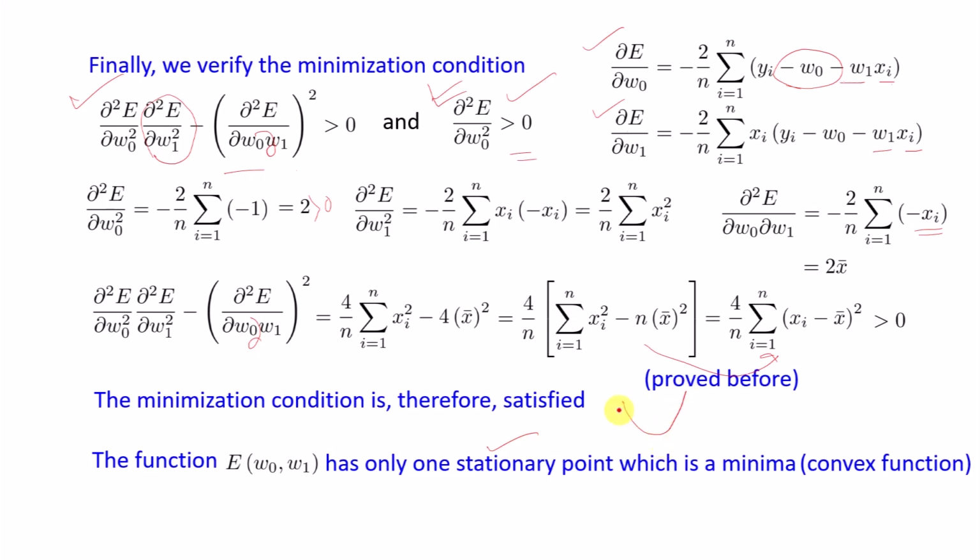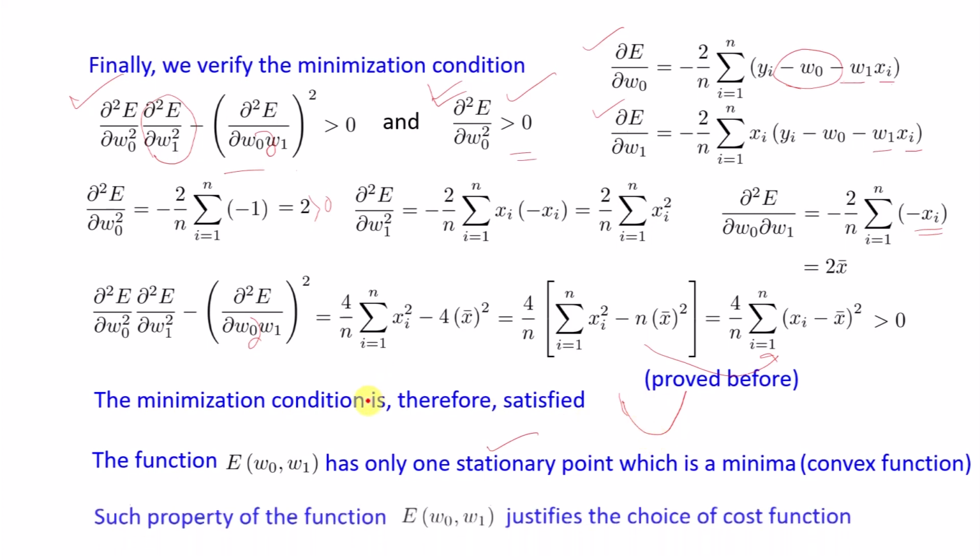And this is important, being a convex function, that we have only one minima. We can have only one value of W0 and W1. This has a lot of advantages. This is one of the reasons why such a function is taken up for regression.